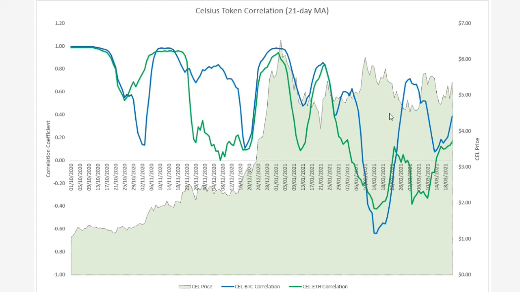Only recently has this recovered in the case of Bitcoin, whilst Ethereum still remains fairly uncorrelated with CEL. So overall, I think the general story is that Bitcoin is generally more correlated with CEL than Ethereum.